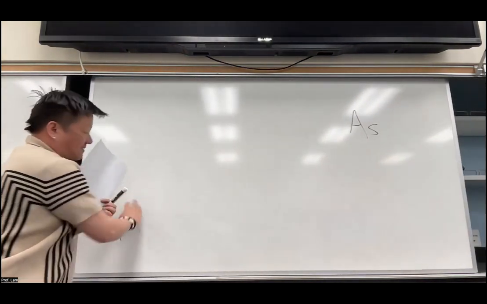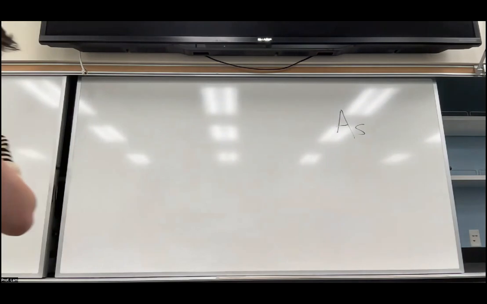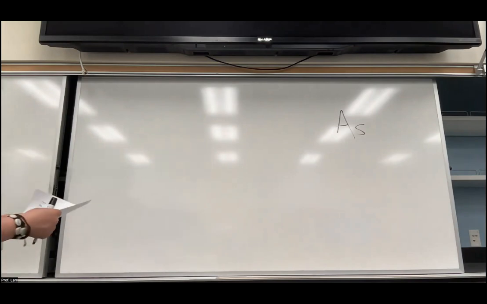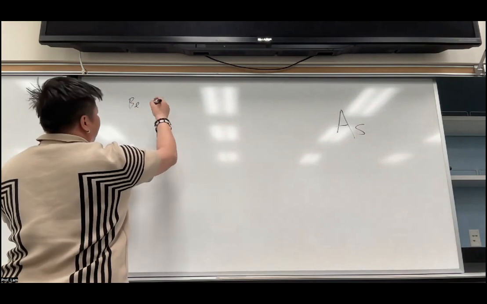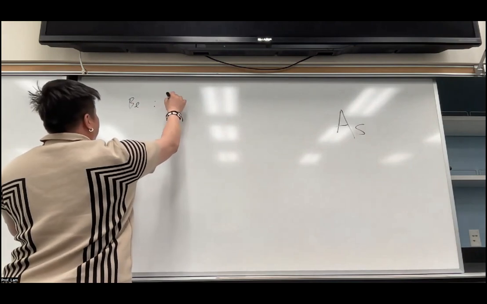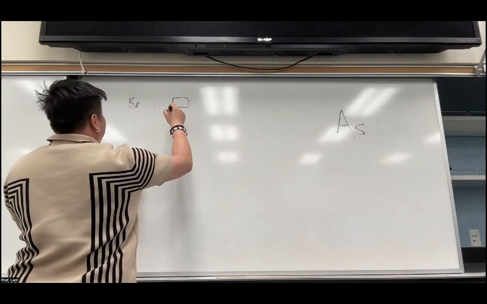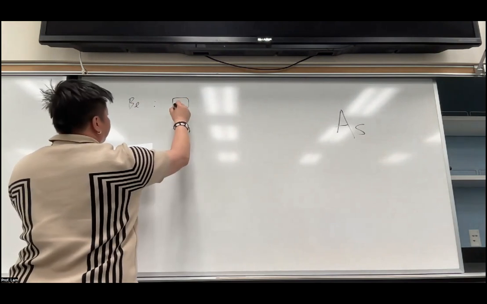That's the cool thing, you can use electron configuration to explain so many things. So to explain why you see a dip, let's do an orbital diagram. For beryllium, it's 2s2.